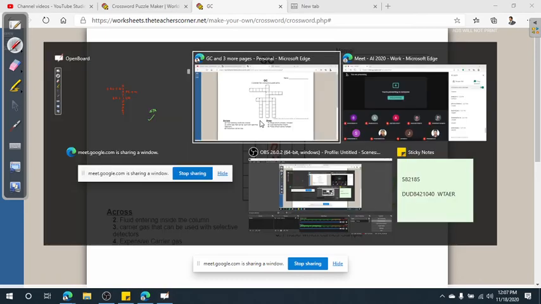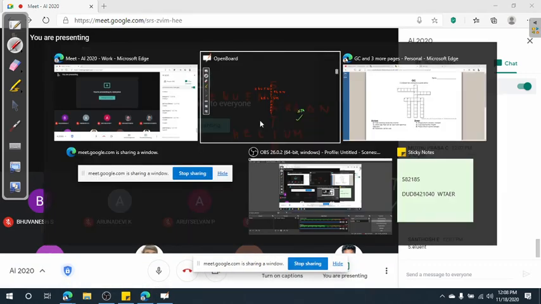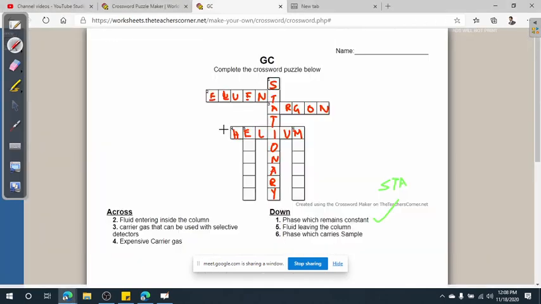Five is eluate, which leaves the column.